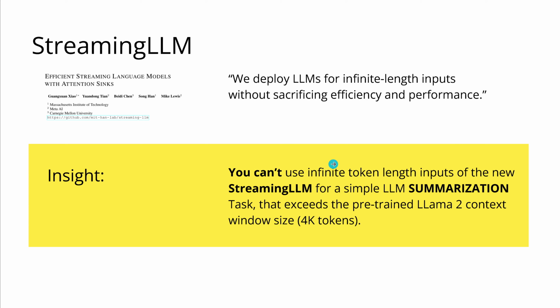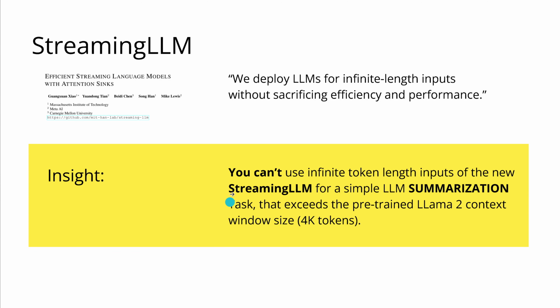I can't use an infinite token length input of this new streaming LLM for a simple task of LLM summarization, because everything that exceeds the pre-trained Llama 2 context window size of 4K tokens is neglected. So this is the marketing and the official heading of the research paper by MIT and Meta.